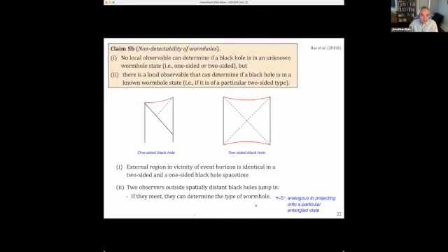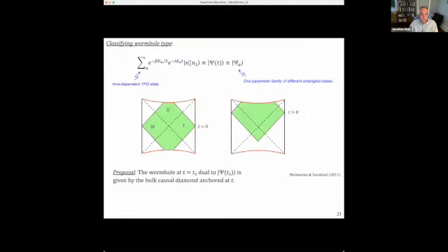To prove the second claim, that two observers can not only determine whether they're in a two-sided black hole spacetime, but go further and determine the type of two-sided black hole they're in, is based on a particular way of categorizing two-sided wormhole states. This is due to a proposal in Maldacena and Susskind's original article, in which they first consider the time-dependent thermal field double state.